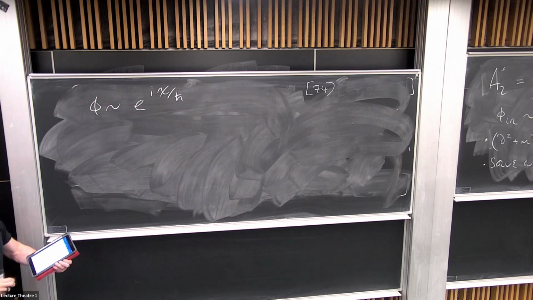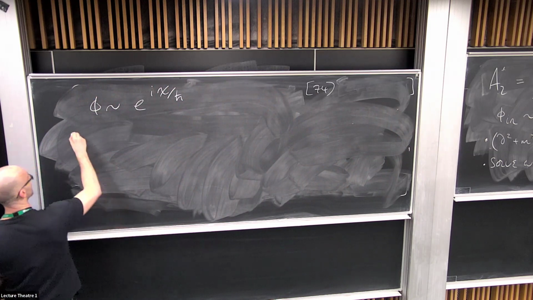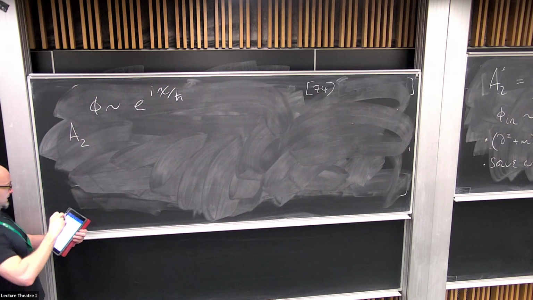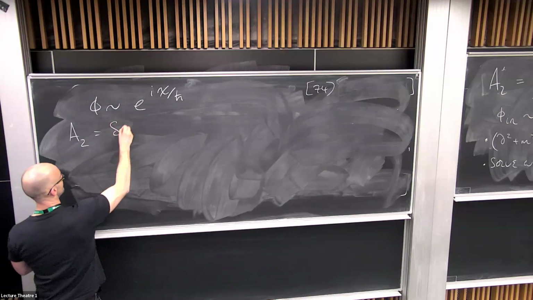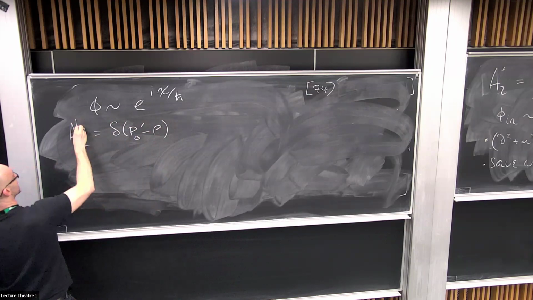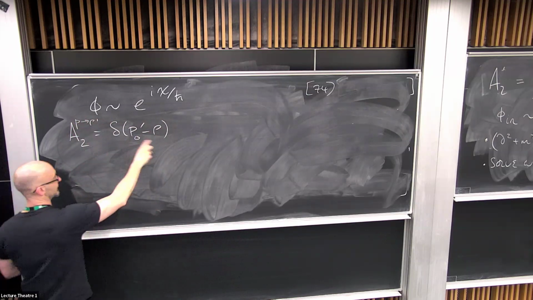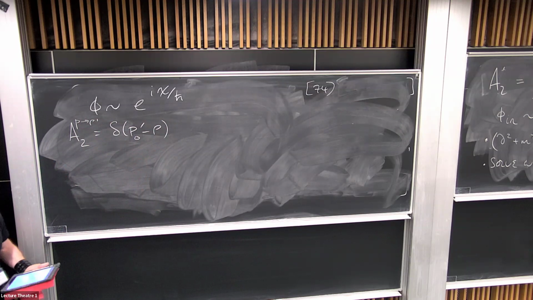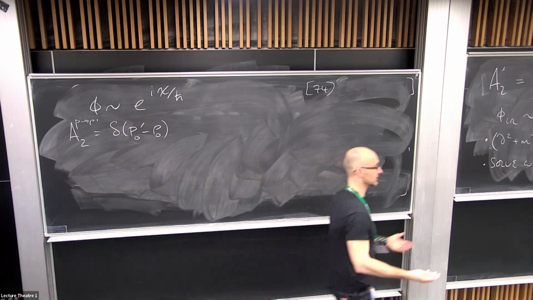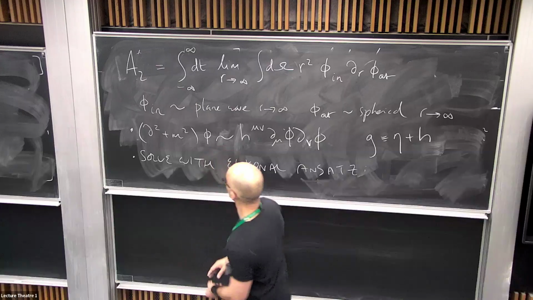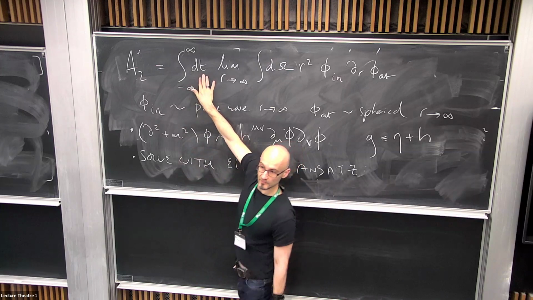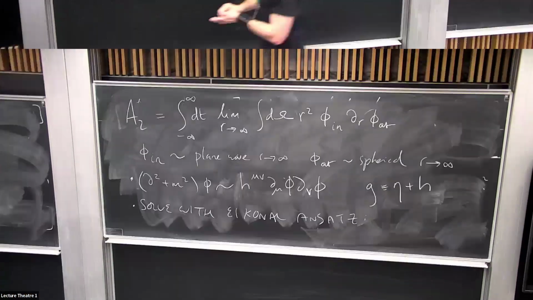And I'm just going to jump straight to the answer and write down what you get. This is the 2-point amplitude for scattering p to p prime, and it starts with a delta function, which conserves energy, which is what you would expect in a space-time where, you know, e_t is a Killing vector. And of course, that just comes from having this integral over all times appearing in the definition of the amplitude.